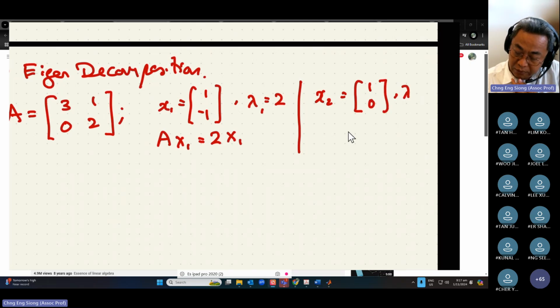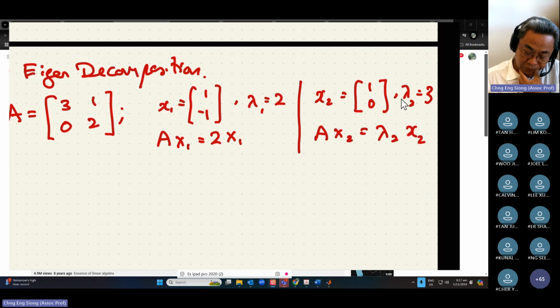So you realize that I'm going to introduce notations now. x1, lambda 1. x2, lambda 2. So they are associated. This vector is called an eigenvector of lambda 1. This vector is an eigenvector associated with lambda 2. Lambda 2 times x2. Okay, lambda 1 times x1.